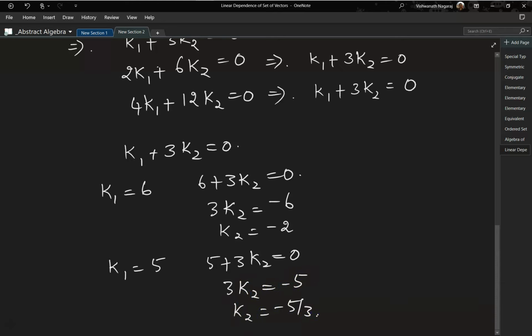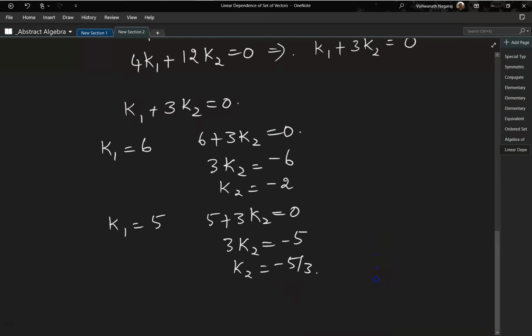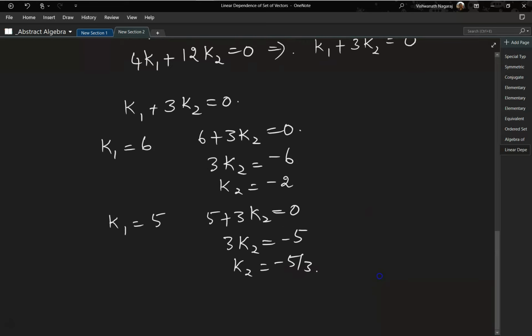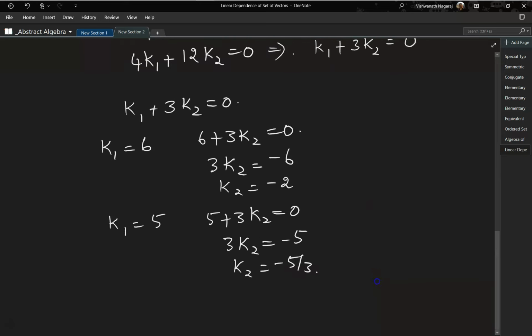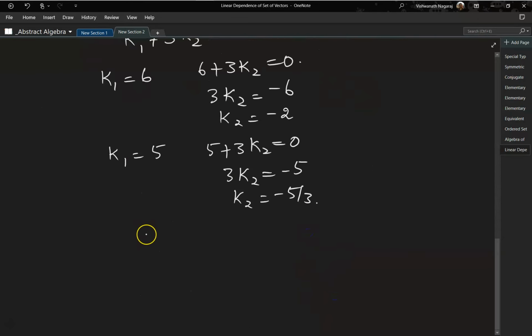So we have an infinite number of solutions, right? Here, if you notice, k1, k2 are not zeros. So as per our definition, not all 0, we can say that x1 and x2 are linearly dependent.